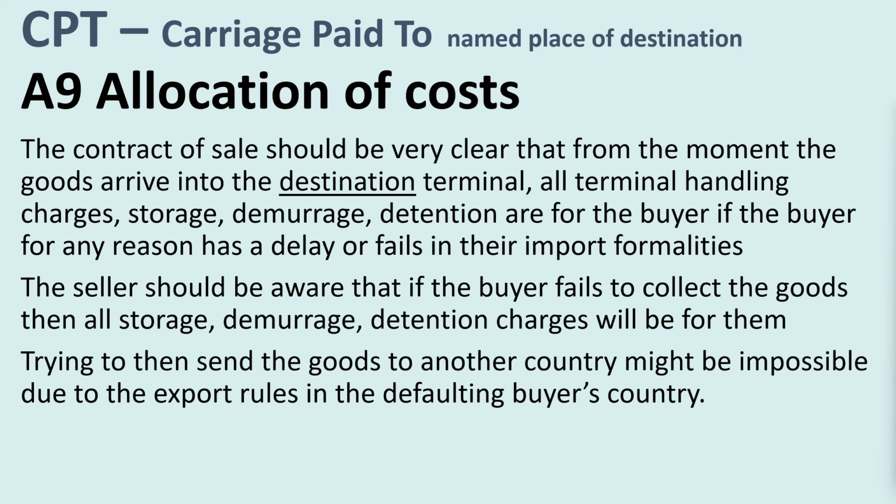Trying to then send the goods to another country might be impossible due to the export rules in the buyer's country. Now, consider also if the goods are in a container, then the shipping line that owns that container may not be happy with that container going to another country which they do not service.